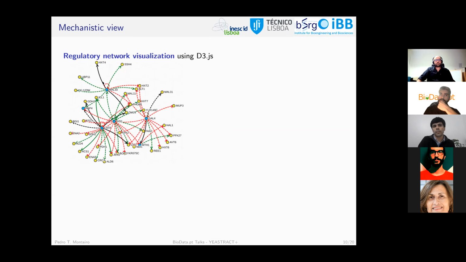If it's solid black, it means that there's a direct interaction, but no indirect evidence. And if it's solid red, it means that there is at least one direct evidence and at least one indirect positive evidence. So you see that we start to combine all this information to get a visual and easy to read representation. And here the blue ones are transcription factors and the red ones are target genes.